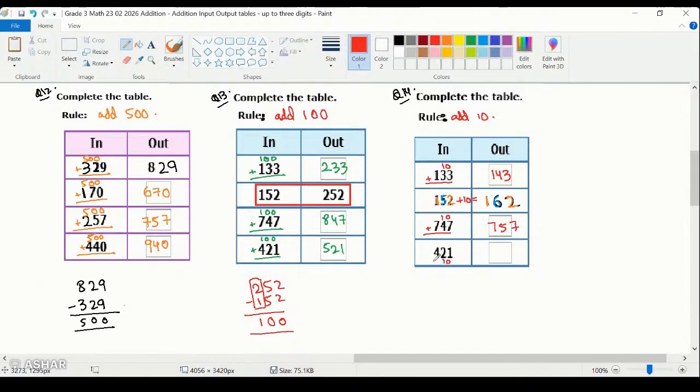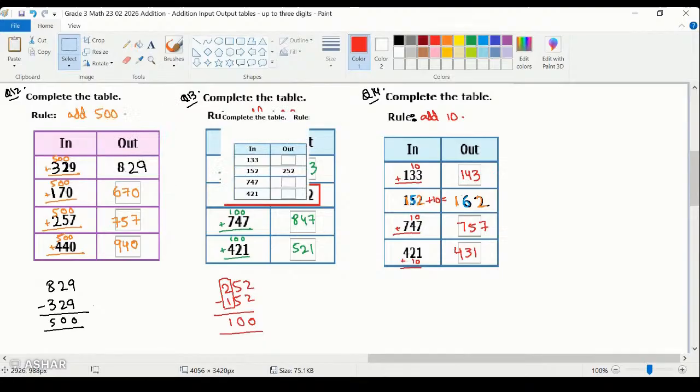Plus 10 would mean 1 plus 0 is 1, 2 plus 1 is 3, and 431, right? Do we agree? So I'm just trying to do questions. 143, 757, 431. Okay, good.